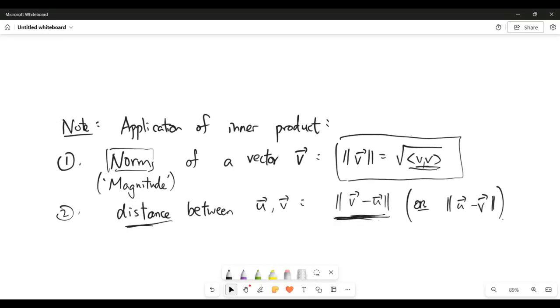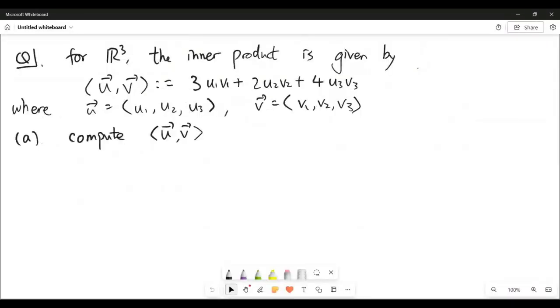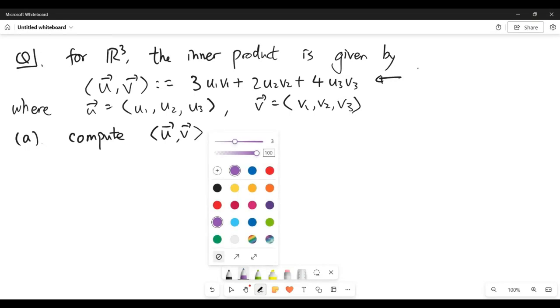So we'll look at some more problems now. For example, we can look at this case. In R3, let's say the inner product is given as follows. You see this is a very typical inner product, same as the one I talked about just now. But it's not the same as the familiar dot product, because these constants d1, d2, d3 are changed to other positive numbers, which are not 1.